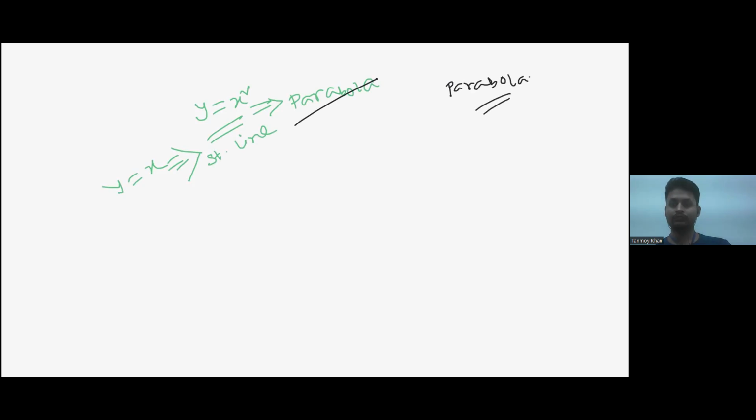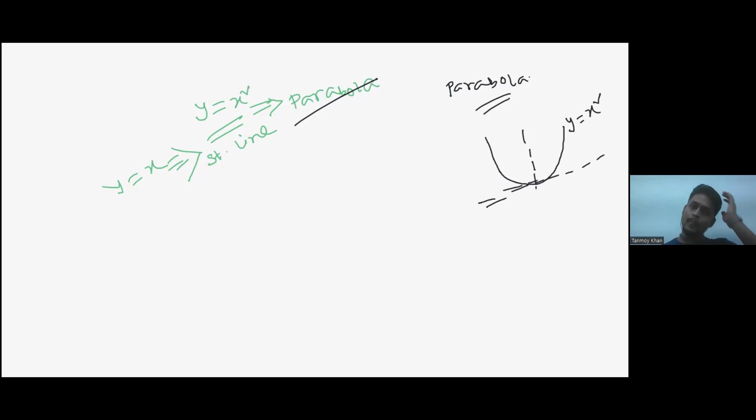Parabola can be of different types, symmetric about different axes. So the normal picture of a parabola is that this is the axis. This one was the x square. This one is the parabola.